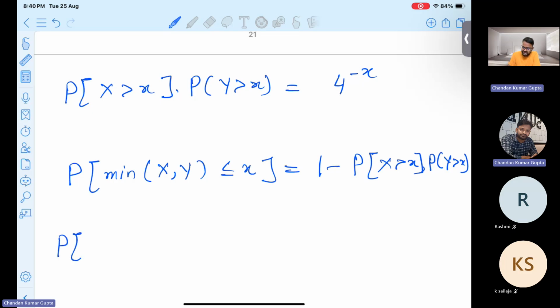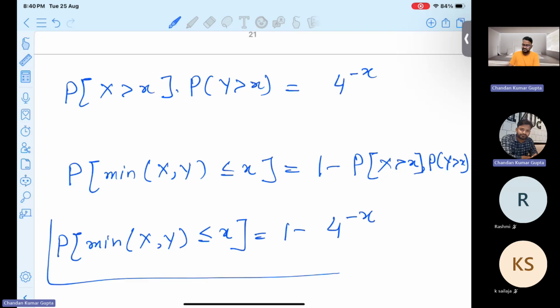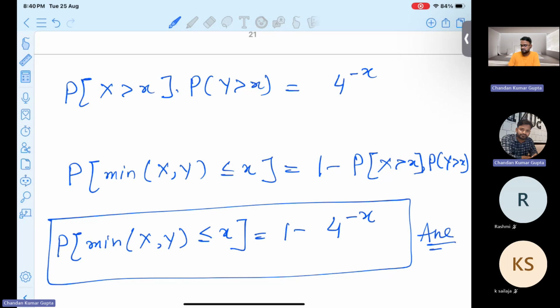So our final answer will be 1 minus 4 to the power minus x. This is our final answer.